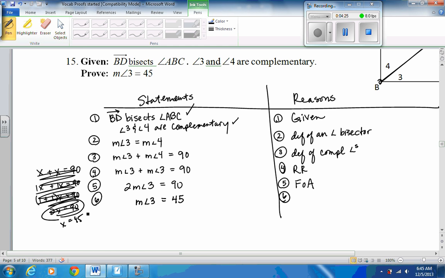You'd be dividing both sides by 2. That's what we're doing here. So what property says you can multiply or divide both sides by 2? MPE, multiplicative property of equality. Multiply or divide both sides of an equation by 2. We know, and have proven formally, that the measure of angle 3 would have to be 45 degrees.